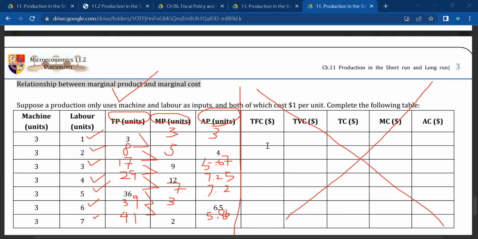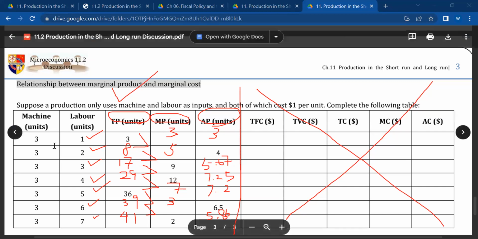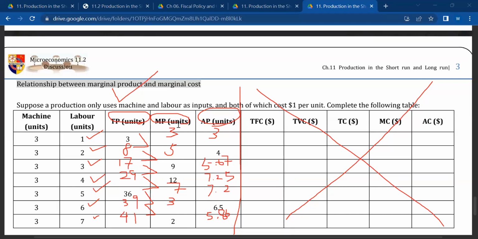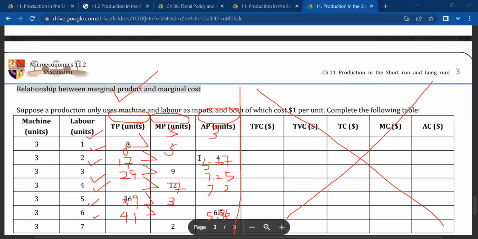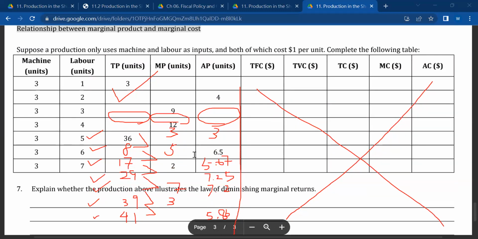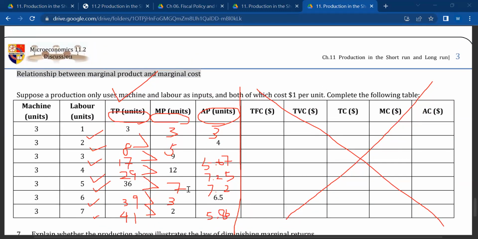The second is to see whether the marginal product increases and then decreases. So let's see whether it's short run now. Yes, it is short run because there is a machine. And the second point to see is the marginal product, whether it increases and then decreases. Yes: 3, 5, 9, 12, then 7, 3, 2, right?